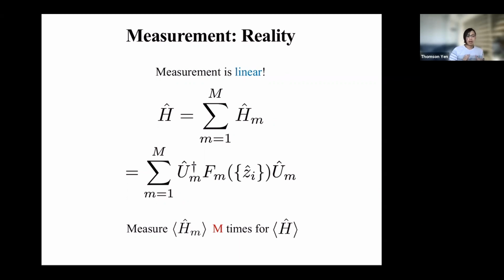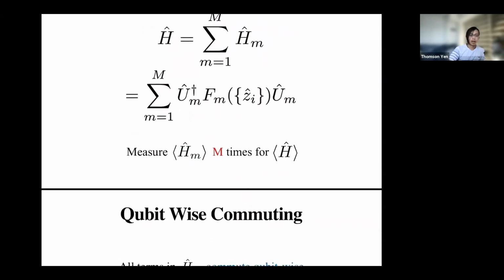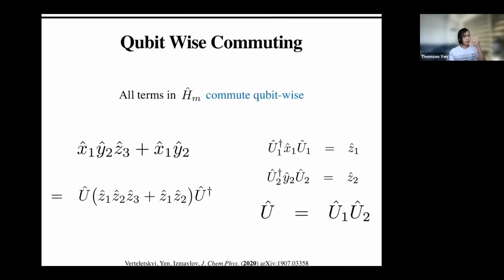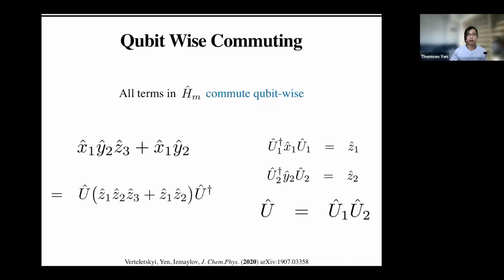So to show you that, let's look at the simplest example I know, and that is the qubitwise commuting method. As the name suggests, the qubitwise commuting method requires all of the terms in your measurable group H_m to commute qubitwise.